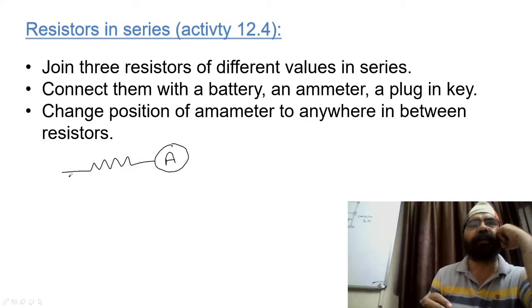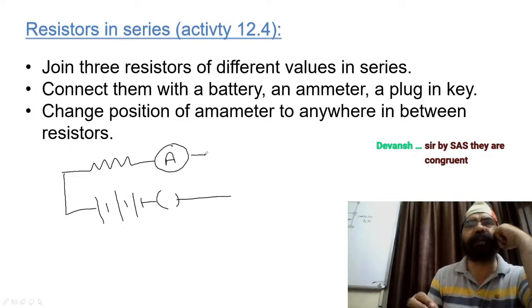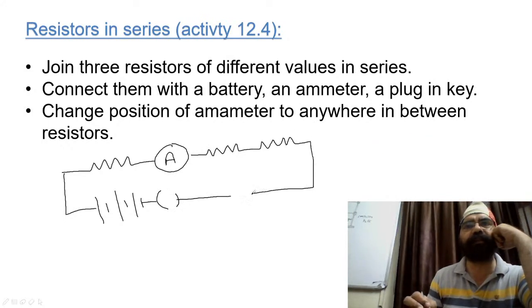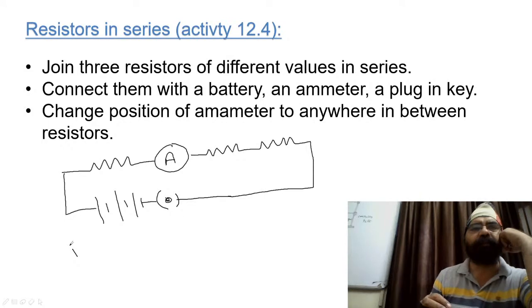I continue the same way. I have the battery, the plug-in key, and the other resistances. That completes it, so I plug it in and take my second reading. My first reading was 0.5 amperes.